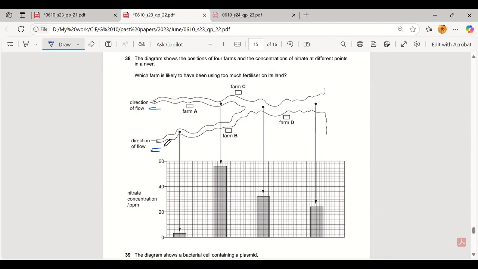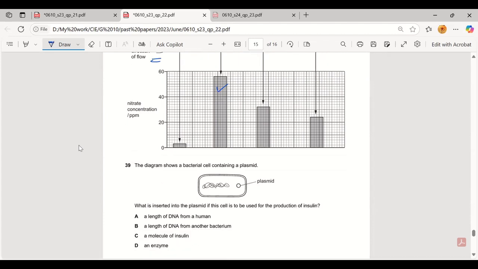A. Yes, it's farm A, because when farm A uses too much fertilizer, a high concentration of nitrates will leach in the river, and this is the highest value. So it's farm A that uses the highest amount of fertilizers. Did you understand, Michelle, or do you want me to re-explain? I understood. Thank you. Okay.